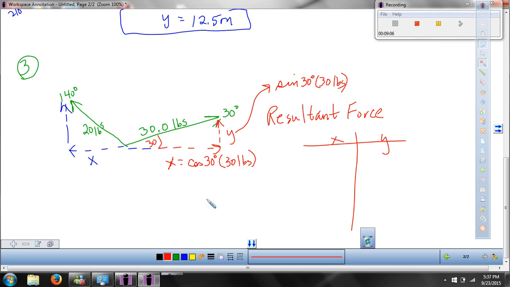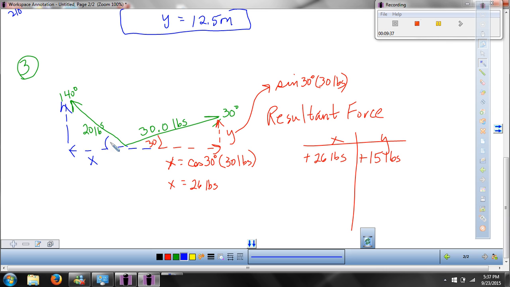Okay, so cosine of 30 degrees times 30 pounds is going to wind up being, according to my calculation, 25.98, or we'll just call it 26 pounds. And it's to the right, so it's a positive 26 pounds. Sine of 30 is a half, half of 30 is 15, so that's 15 pounds straight up, so it's positive also.